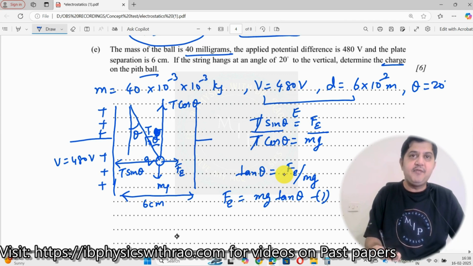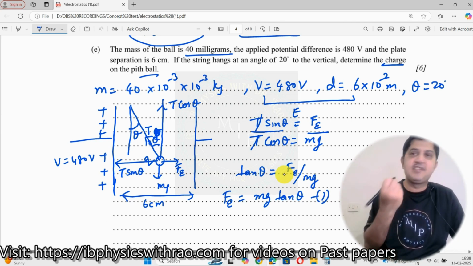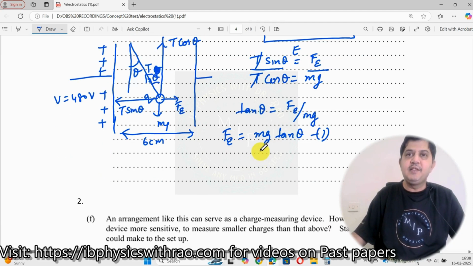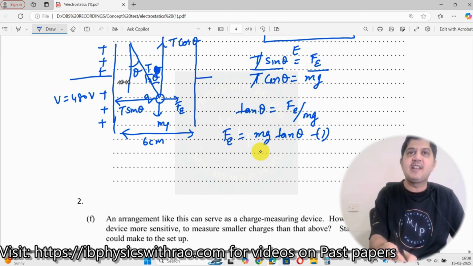And now what is Fe? Electric force. From electric force, how do you determine the electric charge? We know that there is a constant electric field between the two plates. If there is a constant electric field and a charge Q inside it, it will experience a force given by Fe equal to Q into E. I need the value of Q here.